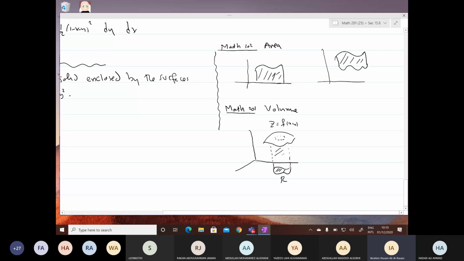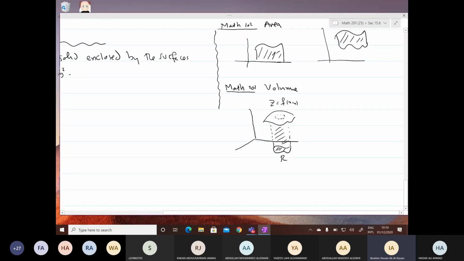This is what we did in double integrals. So the volume will be the double integral over R of f(x, y) dA. By now this formula should be trivial to you, because we were discussing this during the previous two weeks. So the volume of the solid below a surface and above a region is a double integral.